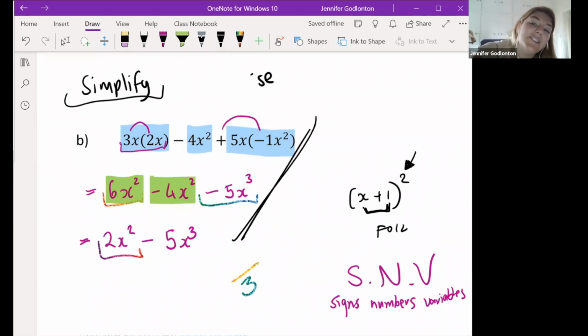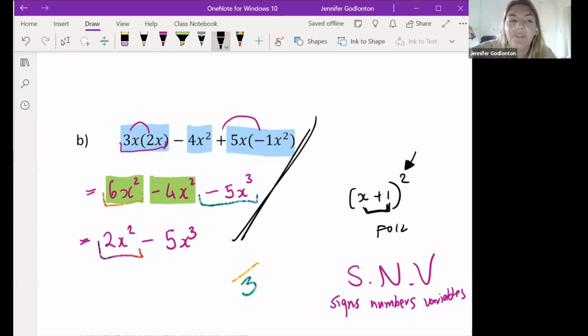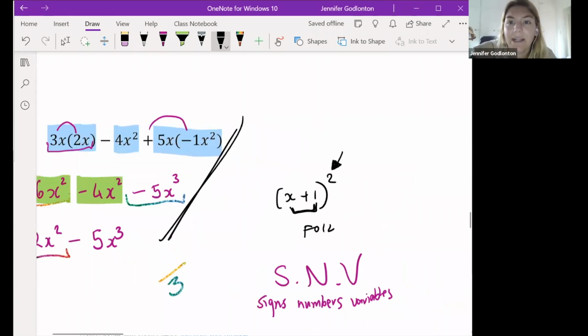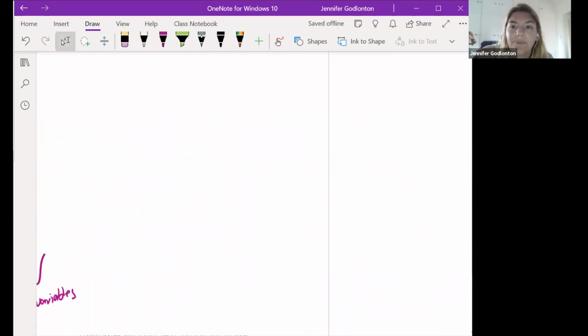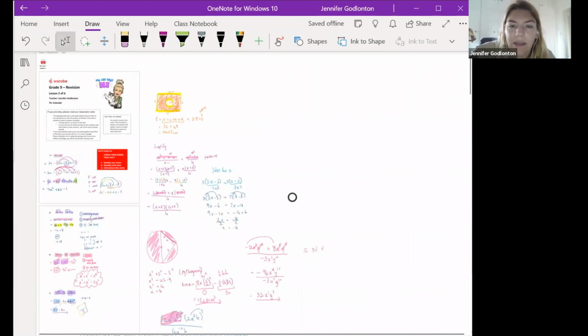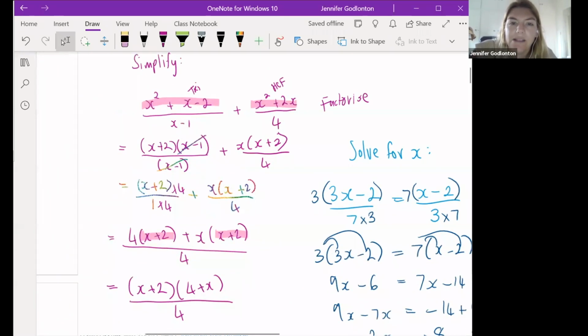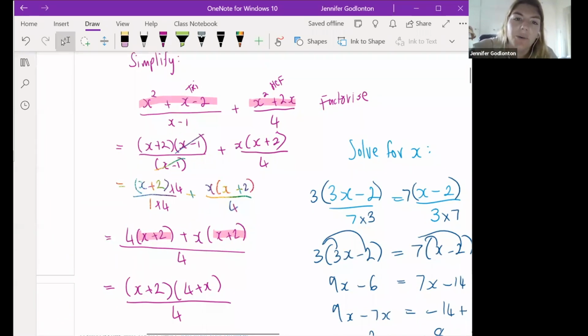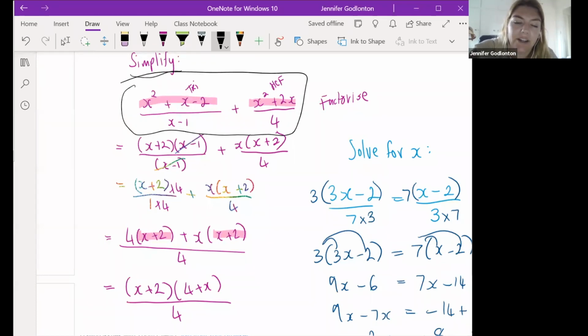The time where it gets nasty is sometimes they'll tell you to simplify a fraction. I'm going to show you an example quickly. Hold on. Okay, this is where it can get nasty. The question will say simplify, and it will look like this, like a fraction.